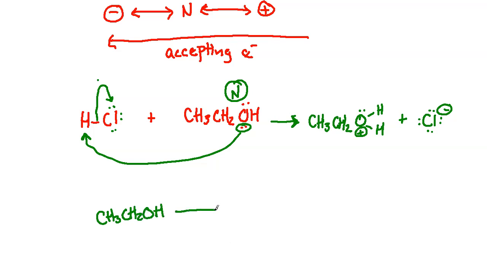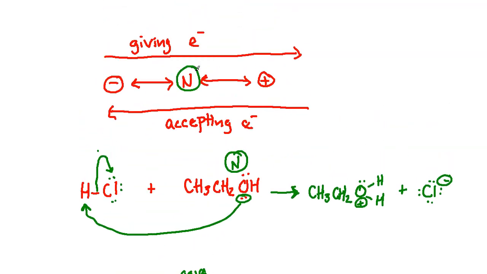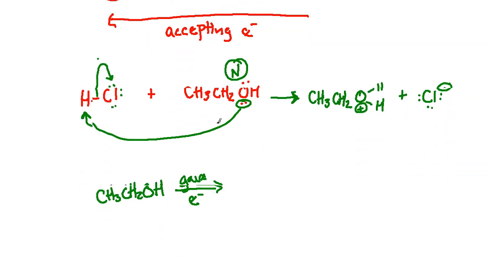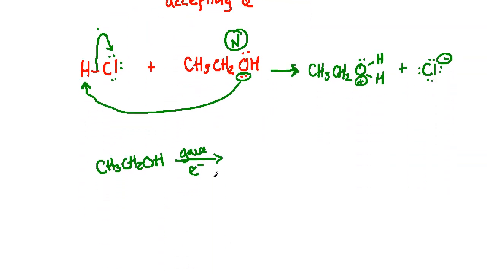It gave electrons. If something's neutral on our scale and it goes in the direction of giving electrons, I expect something to then become positive. Well, what happened to the ethanol? It became an acidic form of ethanol in which the oxygen that was originally neutral now has a formal positive charge associated with it. So it goes neutral to positive.